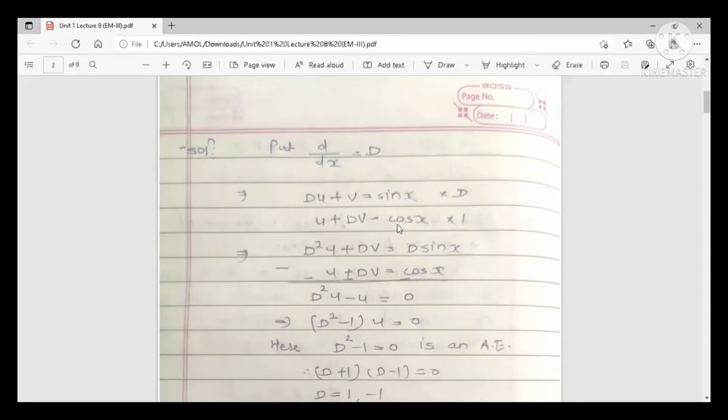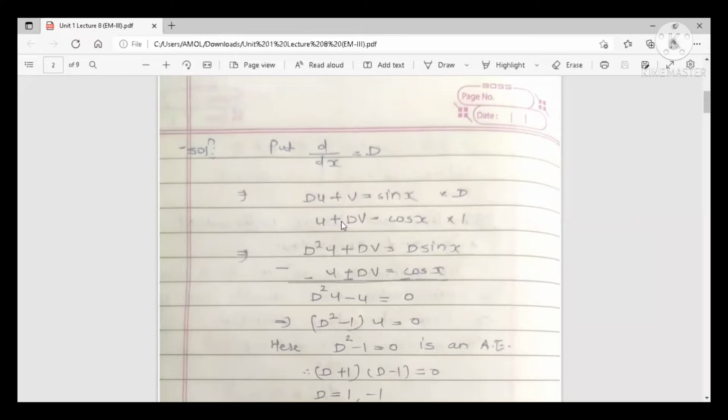Now we are going to remove v. To remove v, you multiply the first equation by D and the second equation by 1. So the first equation multiplied by D gives D square u plus D into v is equal to D of sin x. The second equation multiplied by 1 stays as it is: u plus Dv is equal to cos x.